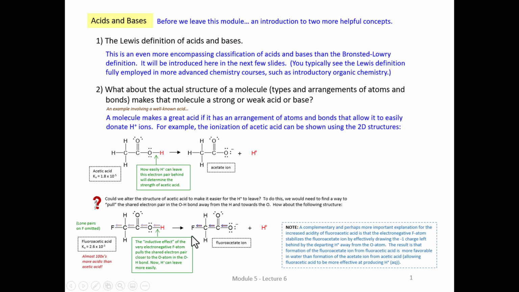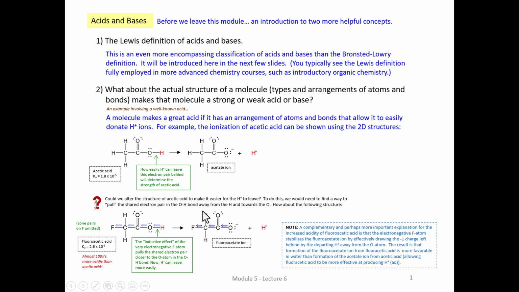Well, if you look at the fluoroacetate ion, it has a negative charge that's been thrust upon it since H+ left, and this ion has to figure out a way to stabilize the structure with this negative charge here, and the fact that the fluorine can draw electron density toward itself helps stabilize this structure because it pulls that single negative charge toward the fluorine.